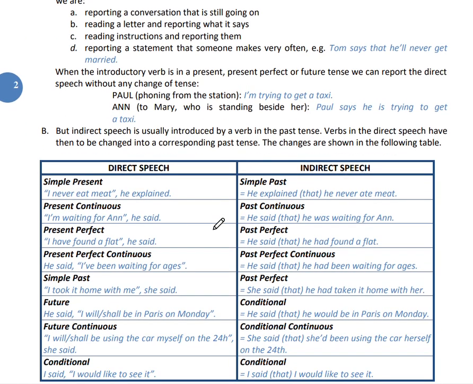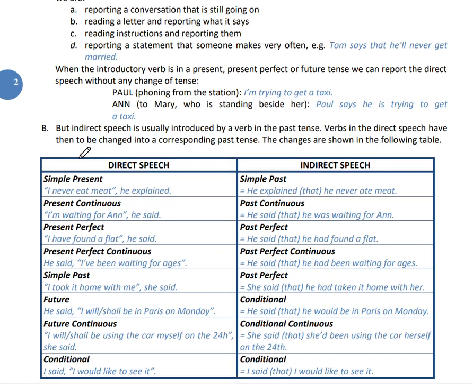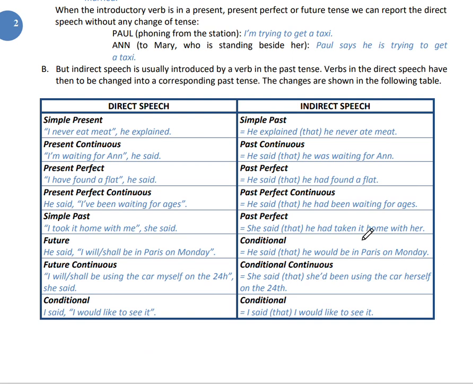But indirect speech is usually introduced by a verb in the past tense. Verbs in the direct speech have then to be changed into a corresponding past tense. The changes are shown in the following table. Look at this table, you will understand. In direct speech, a simple present is said as "I never eat meat," he explained.